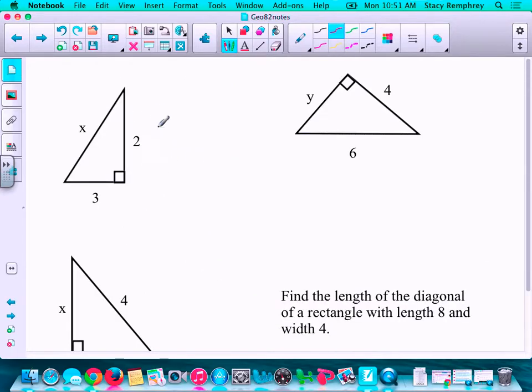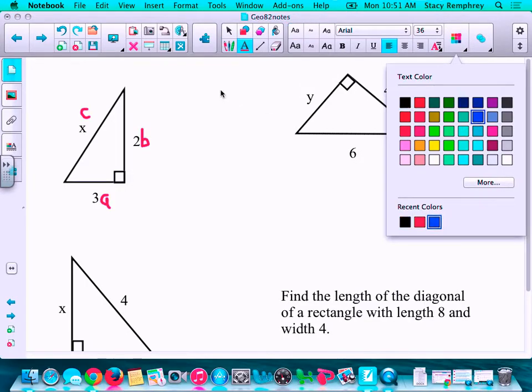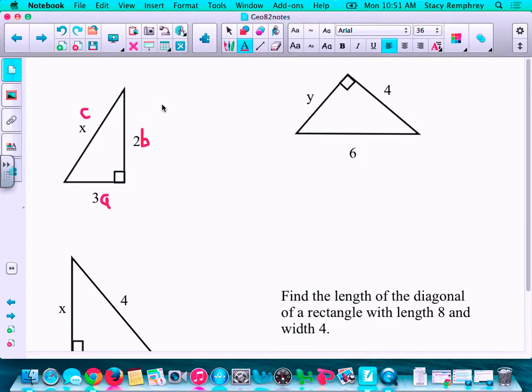When we go over here, these are the pretty easy ones. Again, just identify the C. Then you have A, and you can have B. Okay, so you'll set it up.